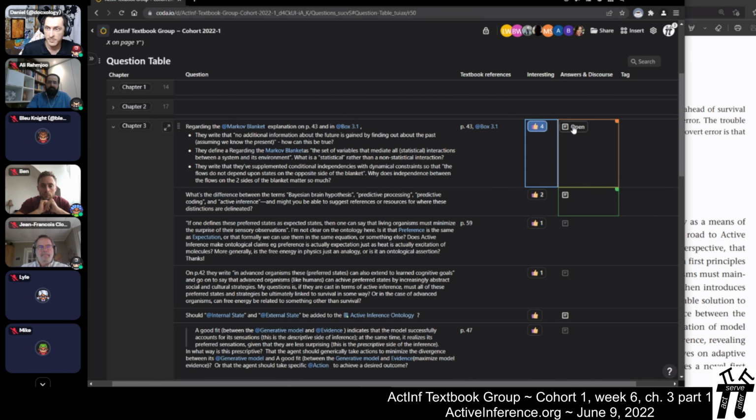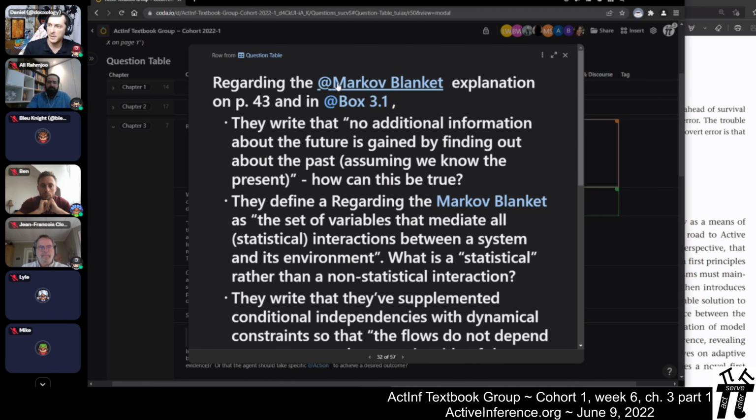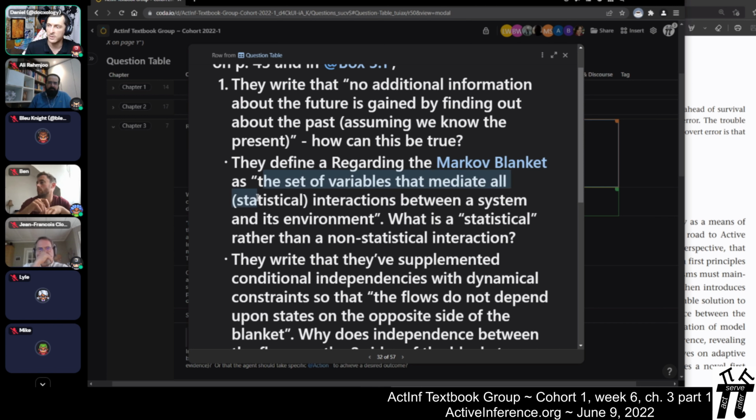First question. Regarding the Markov blanket explanation on page 43 and box 3.1, they write, no additional information about the future is gained by finding out about the past, assuming we know the present. How can this be true? That's one question. They define the Markov blanket as the set of variables that mediate all statistical interactions between a system and its environment.